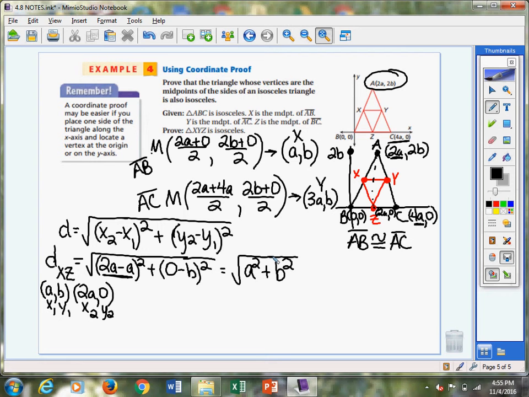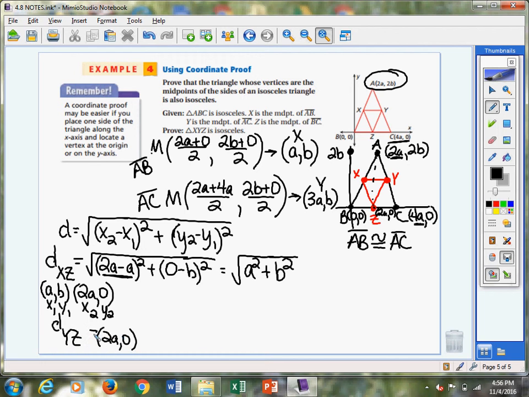Okay, now we're going to go back and do it again. This time we're going to find the length of YZ. Okay, we already know what Z is. Remember that's 2A, 0. And I'll rewrite that. 2A, 0.